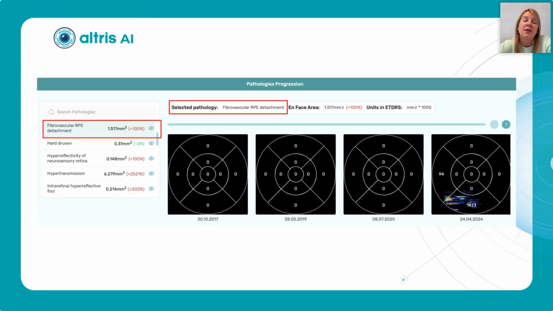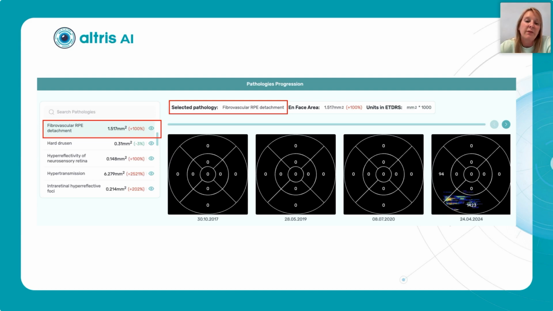But again, we could find out something really strange in this patient's follow-up. So in that list of biomarkers, we found such a biomarker as fibrovascular RPE detachment. This biomarker usually tells us about choroidal neovascularization development, and it is not typical for dry AMD, it's not typical for GA, but it appeared somehow here.